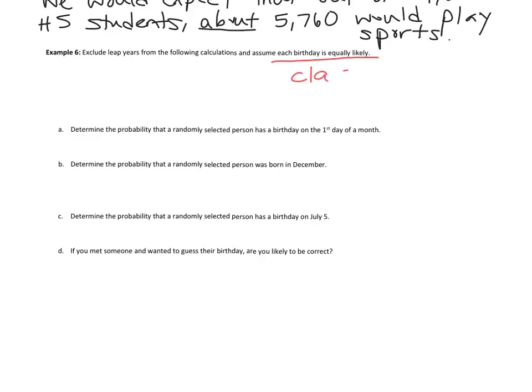All right, and then another thing before you guys go off and do this example on your own, because there's no leap years, there's 365 birthdays in a year. All right, so go ahead and pause it and then push play and check your answer.